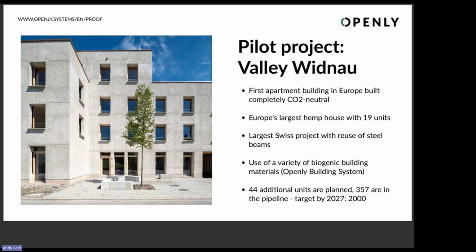There we used steel beams, which came from reuse, and we have basically developed a whole new construction system, and we are providing this construction system as a service, or as an idea pool, or as a Wikipedia globally to interested investors and construction companies. We already have 4 projects ongoing in realization, further projects in the pipeline, especially in Germany, we have over 3,000 units.